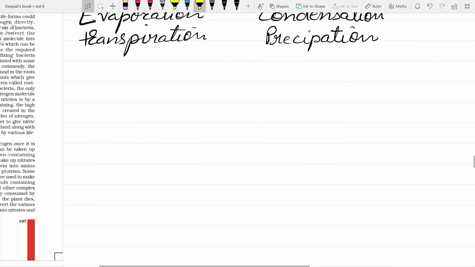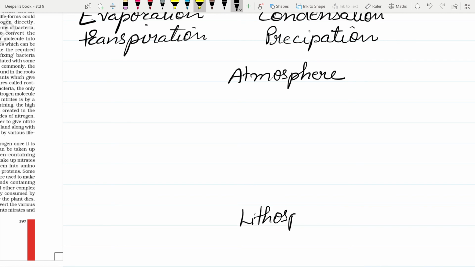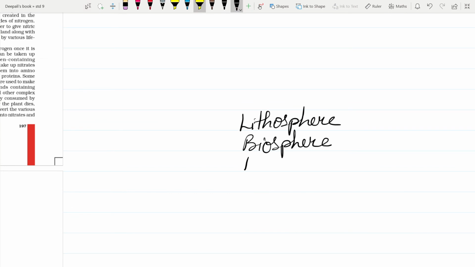So the cycle can be said as atmosphere, hydrosphere.